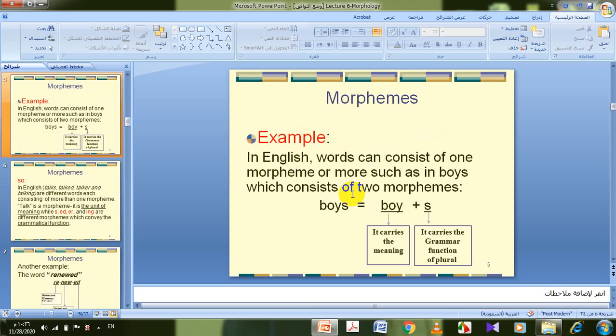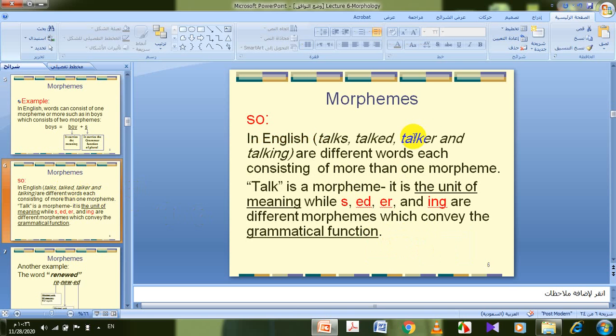The word boys here is a good example that illustrates the idea of a morpheme. Boy carries the meaning, and s carries the grammatical function of plural.